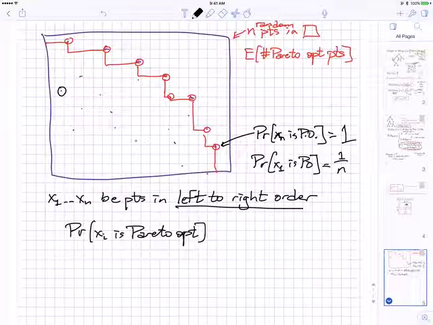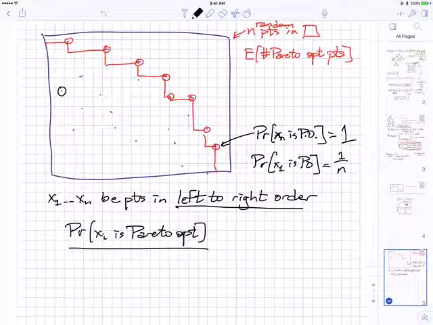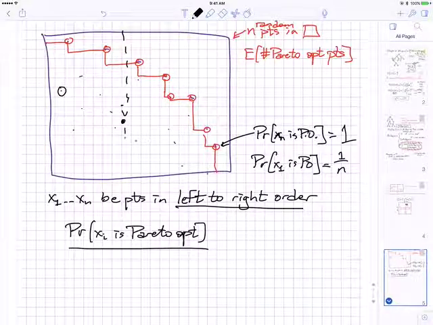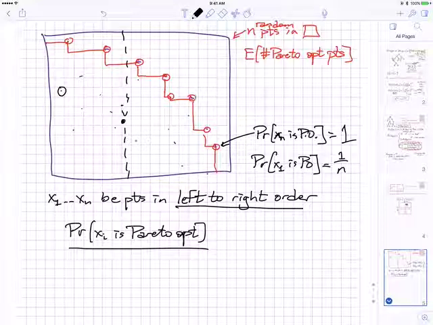So in general, what's the probability that node i, the ith point from the left, is Pareto optimal?